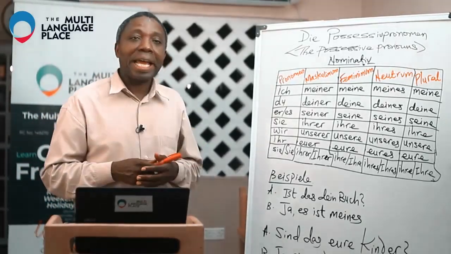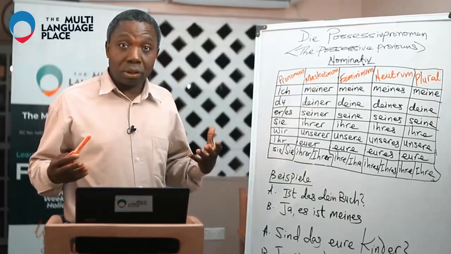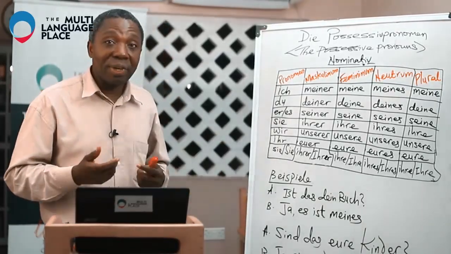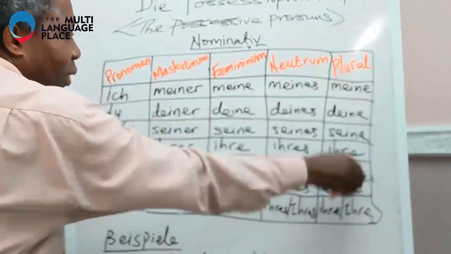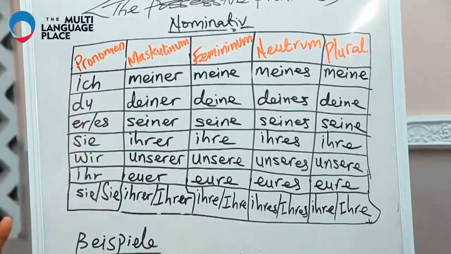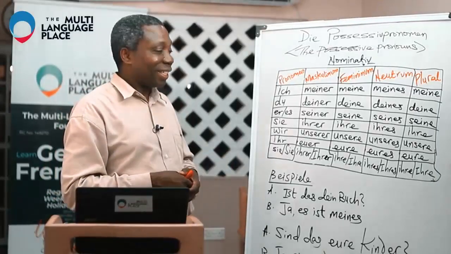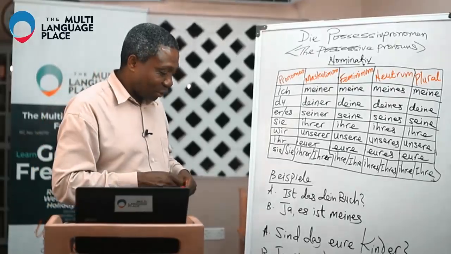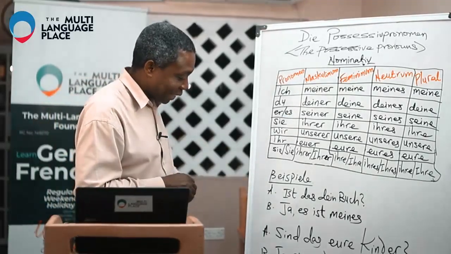If you know the declension of the articles, all of this will be very easy because all the endings resemble the declension of the definite article. Okay, let's go to the examples. It looks complex in the table, but it's very simple.